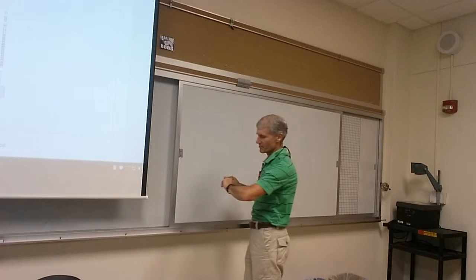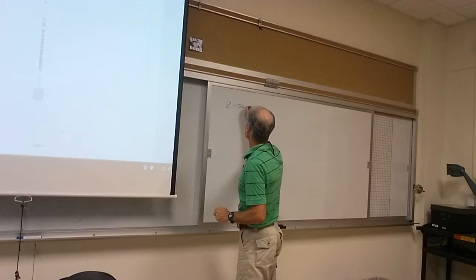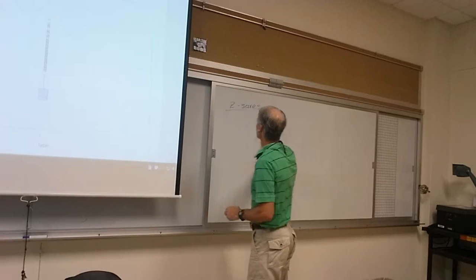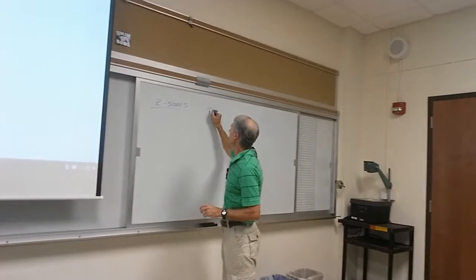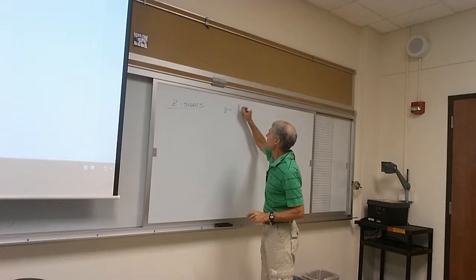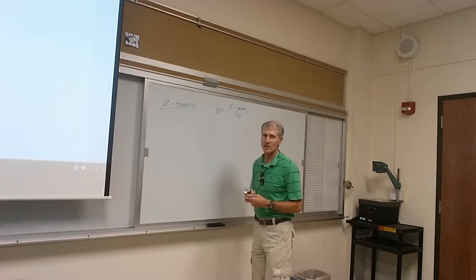There's one more topic, and I've got 15 seconds to do it, but we've already done it. And that's z-scores. Right? So we talked about z-scores before, but you're going to have homework problems. Z-score is x minus the mean divided by the standard deviation. It's a measure of relative position, and what are the units? Technically, it's unitless, but it's number of standard deviations.